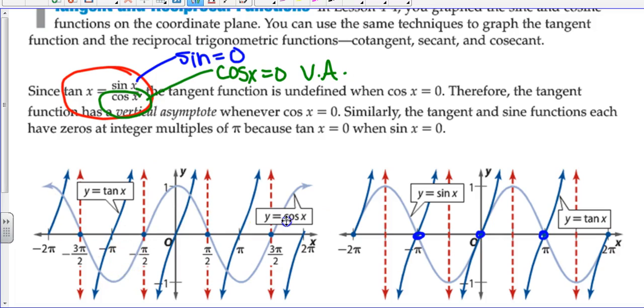This light blue graph on this side is a cosine, and you will notice everywhere that it was 0, the tangent graph has an asymptote, okay? I'm not going to try their explanation anymore, okay? I'm going to go to the way I always think of it.